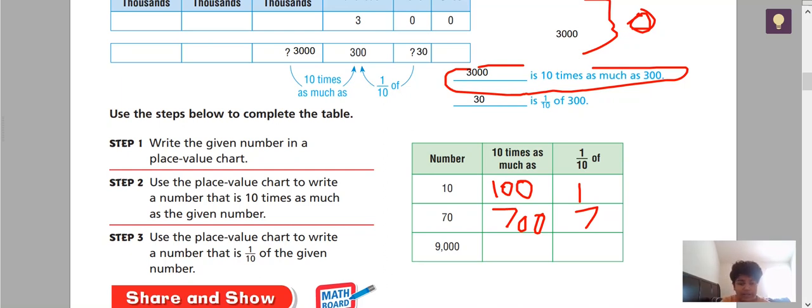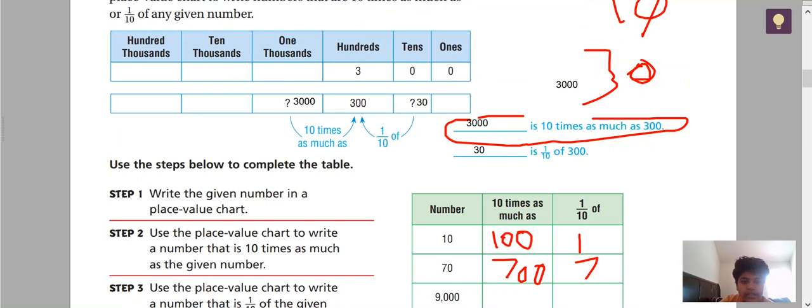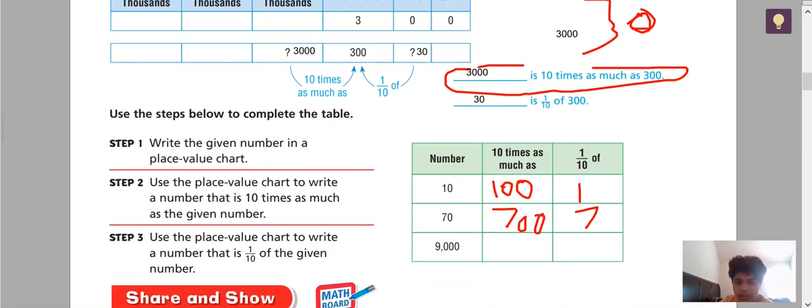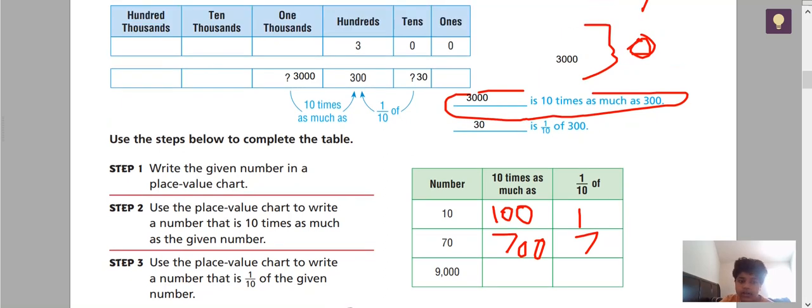Now we're doing 9,000. This table over here will help you solve this. So draw this table out on your own and then fill it out for yourself. If we were doing 10, over here would be 1, 10, 100, 1,000, 10,000, and then 100,000.